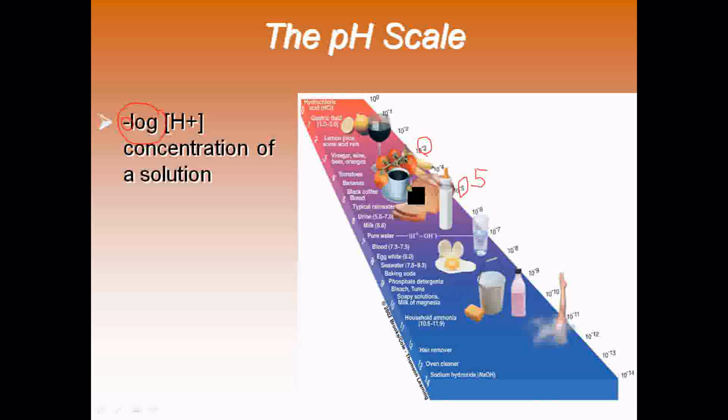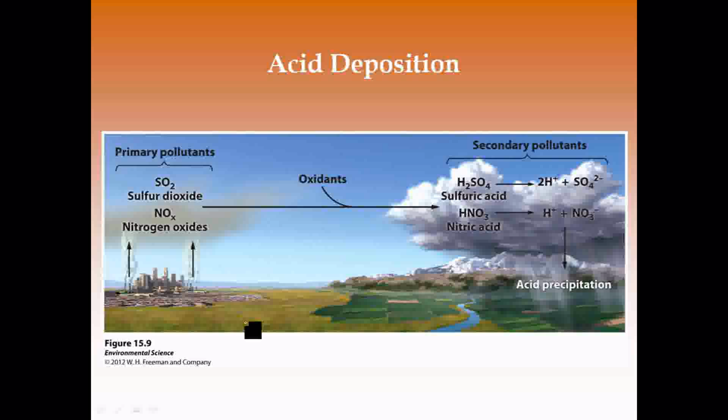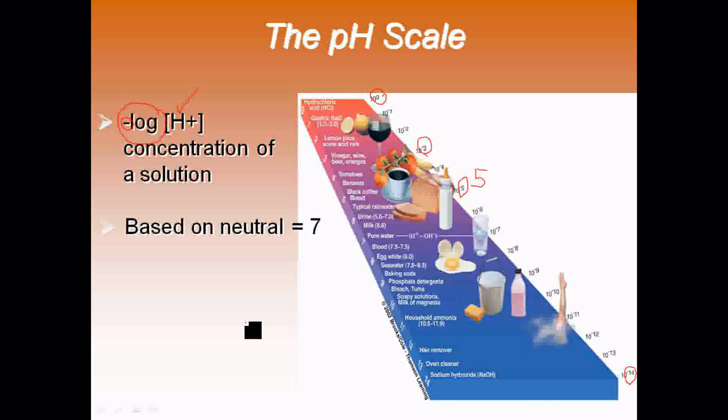The lower the pH, the more acidic something is, and that means the more hydrogen ions are in concentration. And the scale, as you know, goes from 0 to 14. Something with a high pH is what we call basic. It has fewer hydrogen ions in concentration and more hydroxide ions in concentration. And 7 is considered neutral.